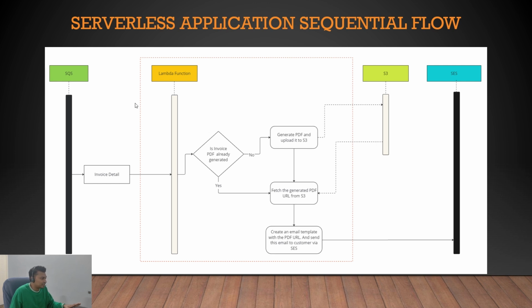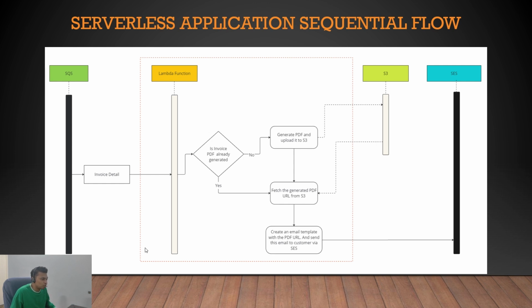After integrating, whenever SQS receives a message, it will trigger the Lambda function to read it. Then we have to give adequate permission between SQS and the Lambda function, and from the Lambda function to upload a file to and get a file from S3, we have to create another permission. In the same way, from the Lambda function to call the SES service, we have to create adequate permission. After this much, we can test it.